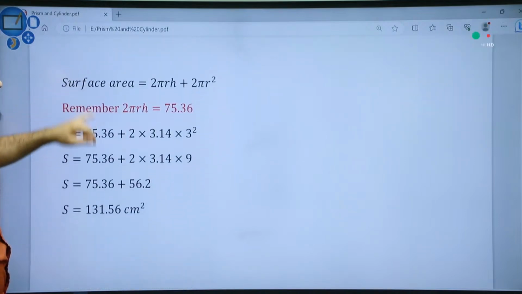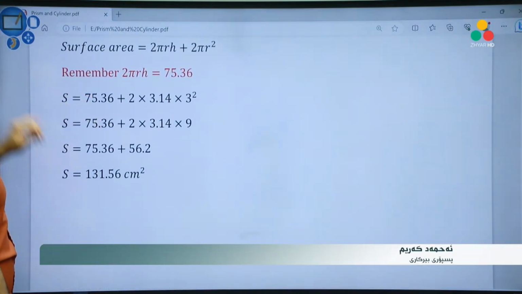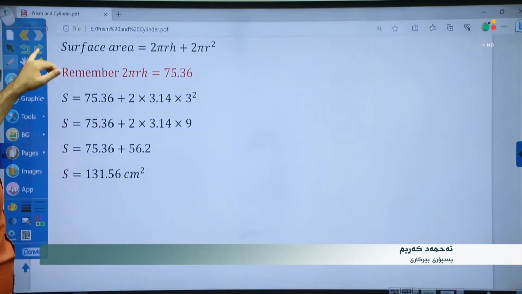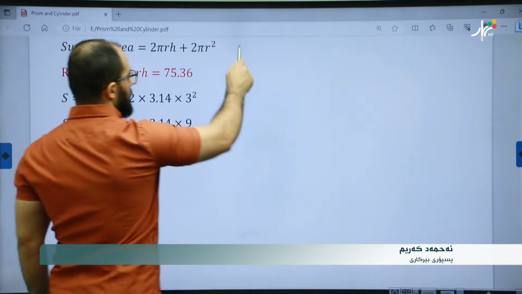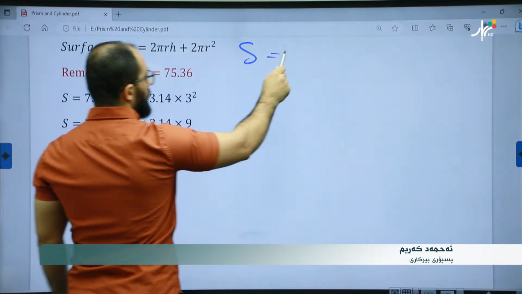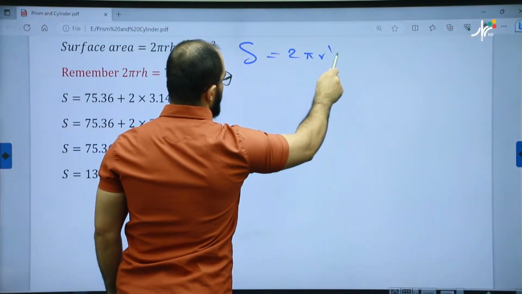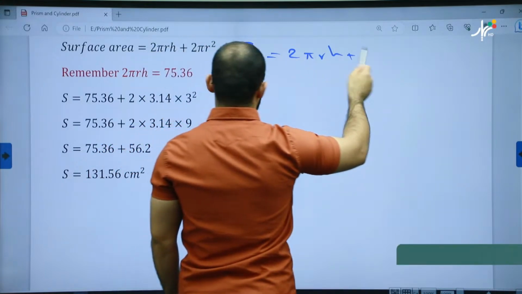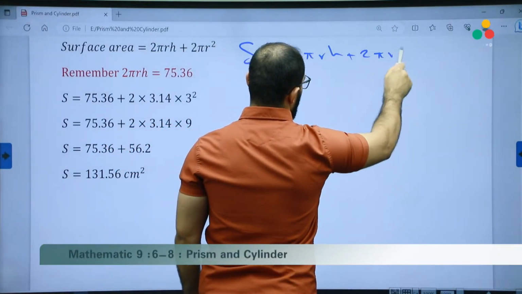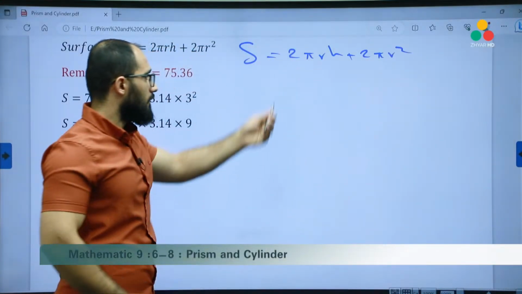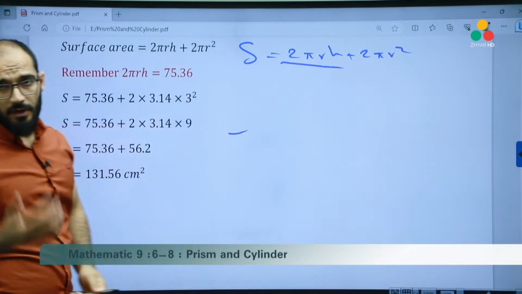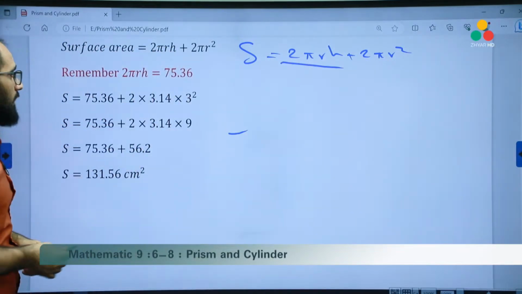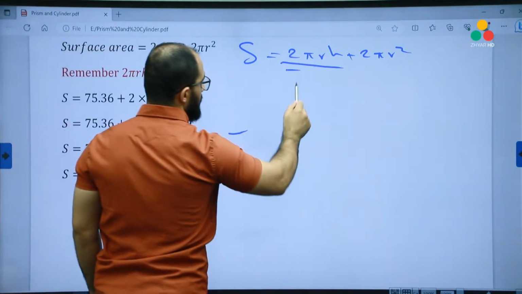Then it says find surface area. Okay, the surface area S is equal to 2 pi r h plus 2 pi r square. For the first part, we have found it before this example, and it was 75.36.